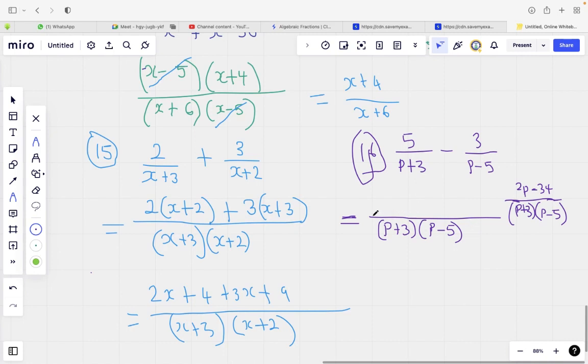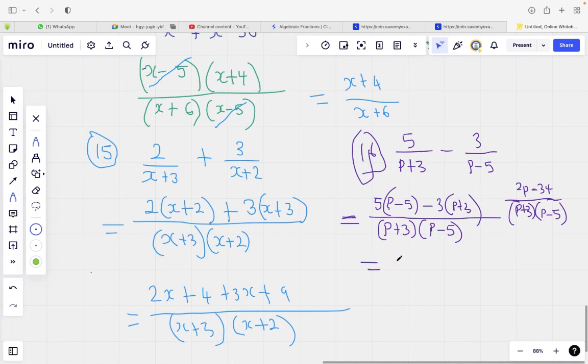Okay. So just like it is, you've just finished it by writing 5 into p minus 5, the 5 on top multiplied by the denominator p minus 5. Then you say negative 3 multiplied by p plus 3. Next we expand the numerator.